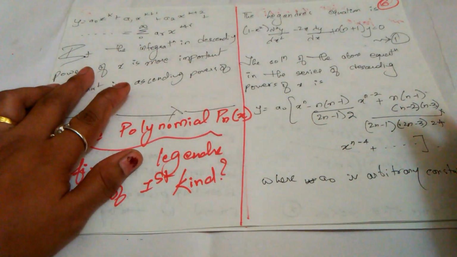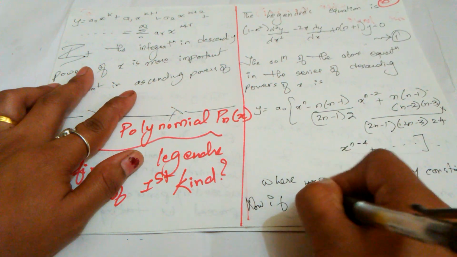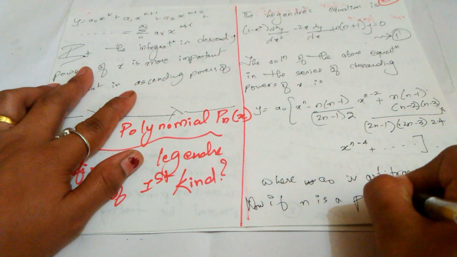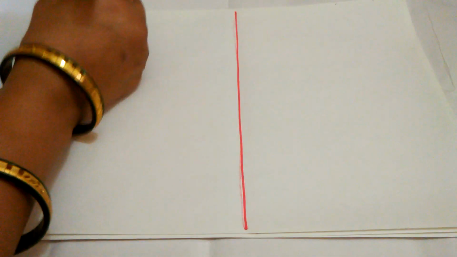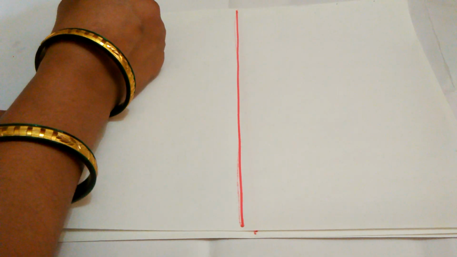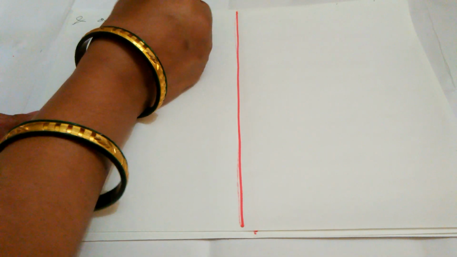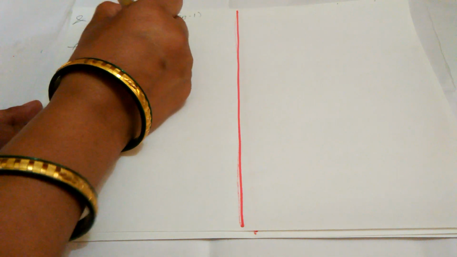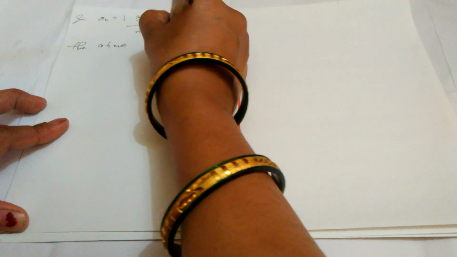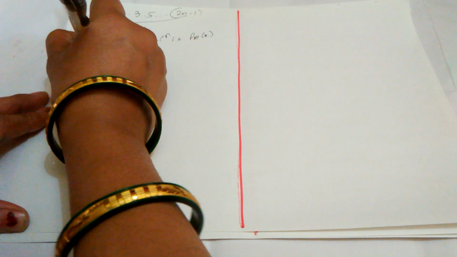Now if n is a positive integer, and also a naught is 1 into 3 into 5 dot dot dot up to (2n minus 1) upon n factorial, then my above solution becomes P of n of x.